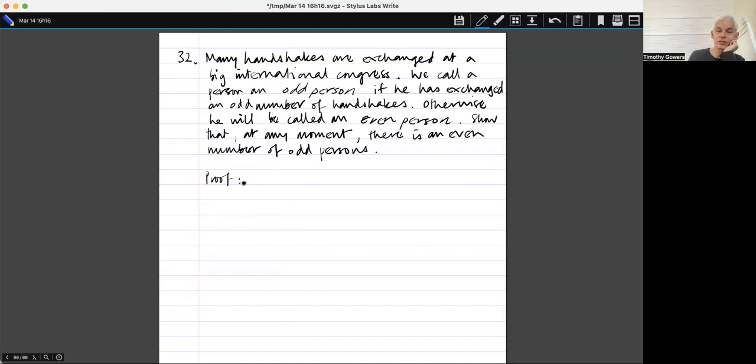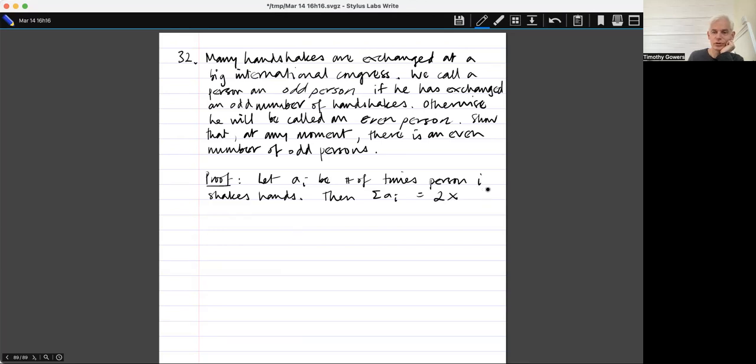Proof. So I know this is basically the handshake lemma in graph theory. So let's just say let ai be the number of times person i shakes hands, then the sum of ai, each handshake contributes 2 to the sum of ai's, because there are 2 people involved in a handshake, so it equals 2 times the number of handshakes.